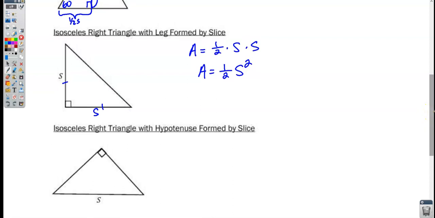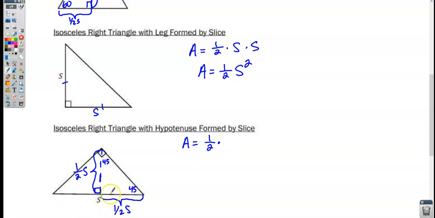Isosceles right triangle where the hypotenuse is in the base of the solid. Alright, so let's see. If I extend an altitude to this side here, what I've created is 45, 45, 90 triangles here. This distance right here is 1/2 of S. And since this is a 45, 45, 90, that means that this dimension here is also 1/2 of S. And so the area of this triangle, area equals 1/2 times the base.